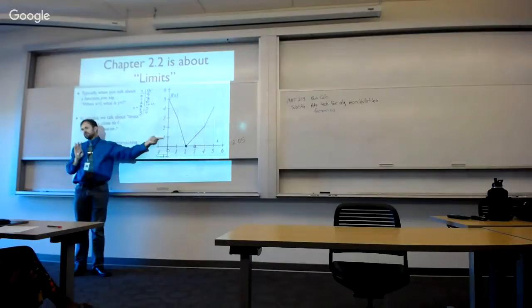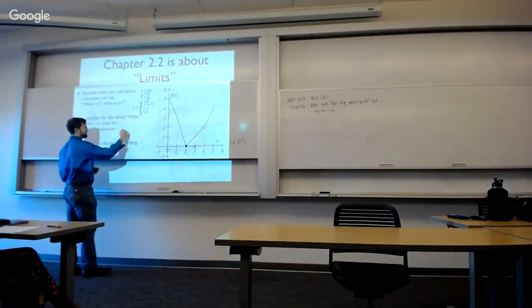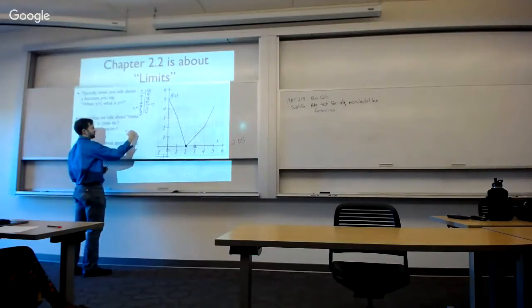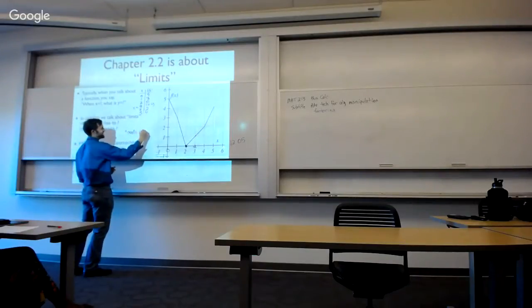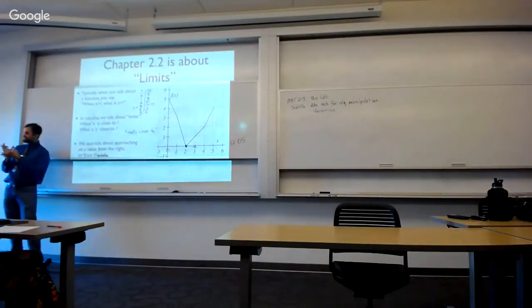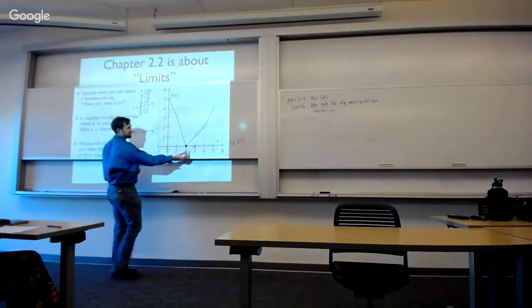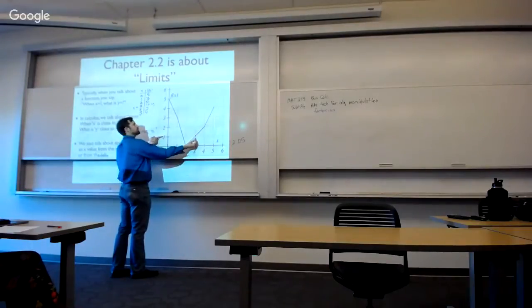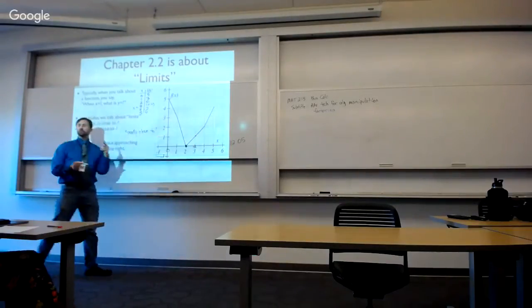And this might sound strange at first, like, oh, this is a technical calculus concept, huh? Really close to. But that's exactly what we're shooting for. If I'm really close to 3, either to the right or to the left, then my y value is really close to 1. And that's what a limit is.